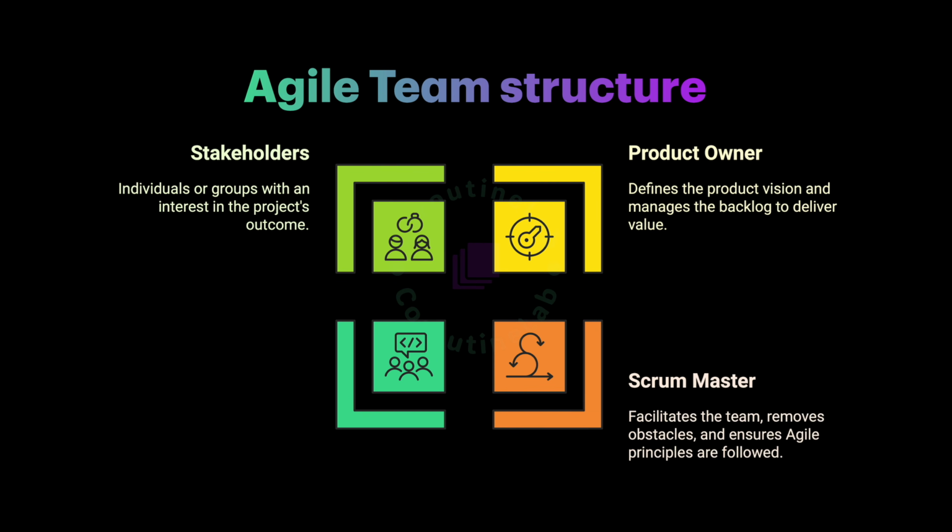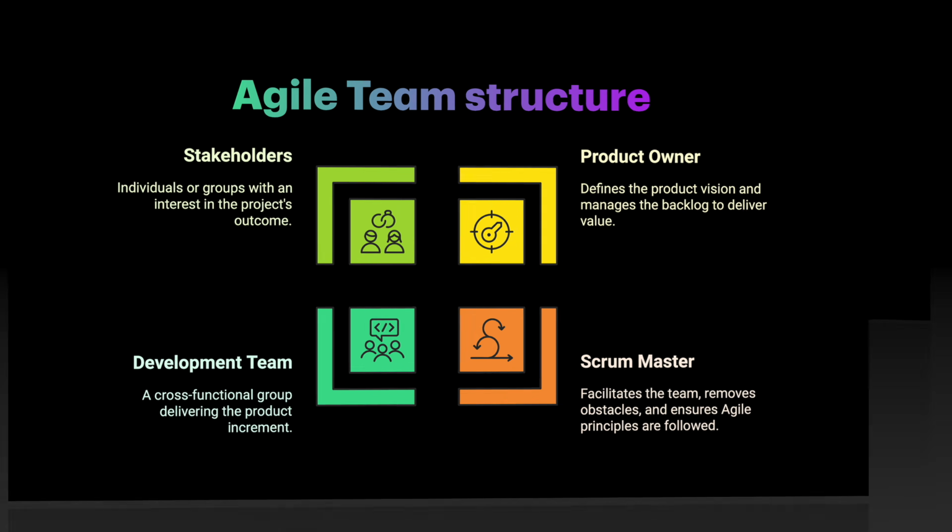Scrum master, a facilitator who ensures the team adheres to Agile practices, removes impediments, and helps the team work efficiently. Development team, a cross-functional group that includes developers, testers, designers, and back-end engineers, all collaborating to deliver high-quality products. This structure ensures that Agile teams remain flexible and adaptive while maintaining a clear focus on delivering value.